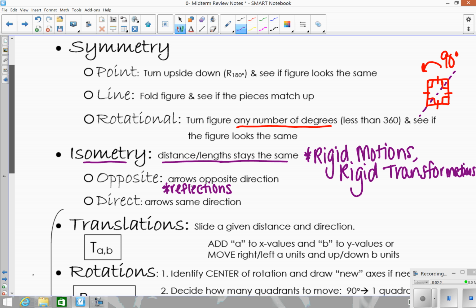If they go in opposite directions, it's an opposite isometry, which is what reflections are. Direct isometries are going to be your translations and your rotations. What direct isometries do is the order of the letters stays the same, so the arrows are in the same direction. So this deals with the order of the letters.